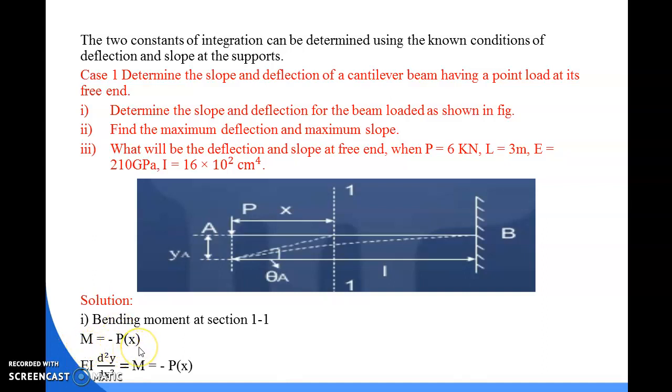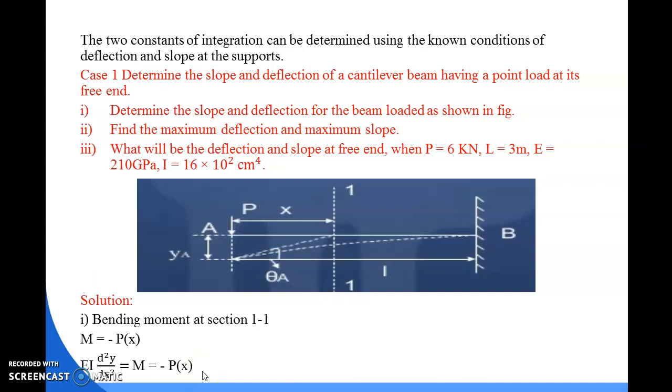Hence, according to the curvature equation, EI d square y divided by dx square is equal to the bending moment of section 1-1, which is again minus P into x. Now we have our equation of curvature.